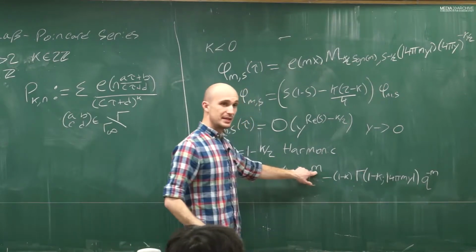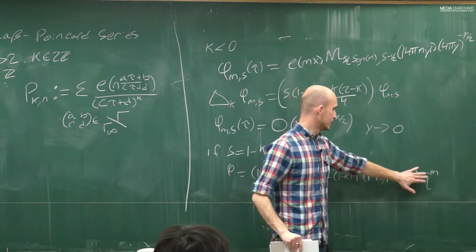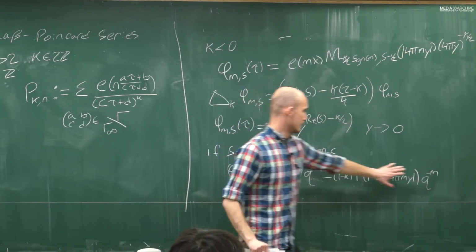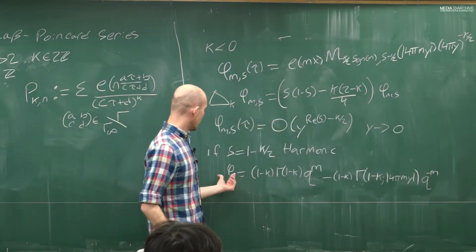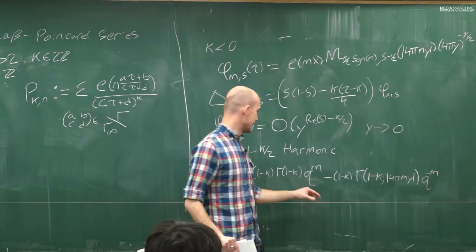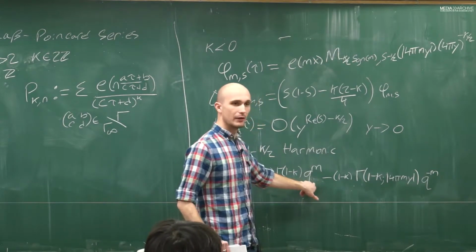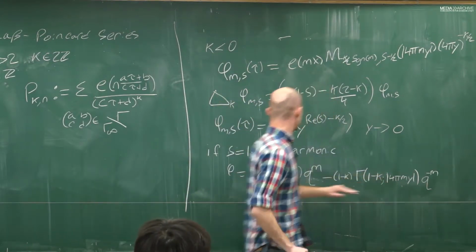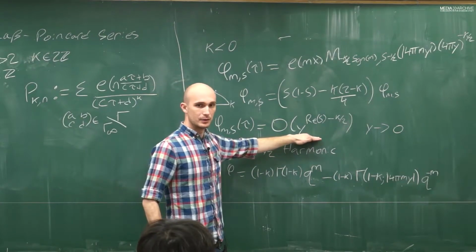If we take m to be negative, we'll get something with a simple pole here, and then there won't be any pole there. So we're choosing a function that has a pole of any particular order that we want, and then a non-holomorphic part chosen specifically so that we get this rate of decay.